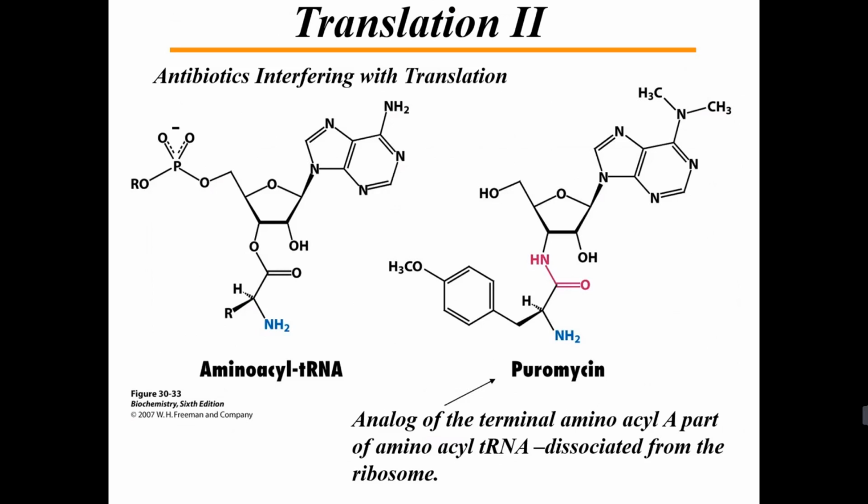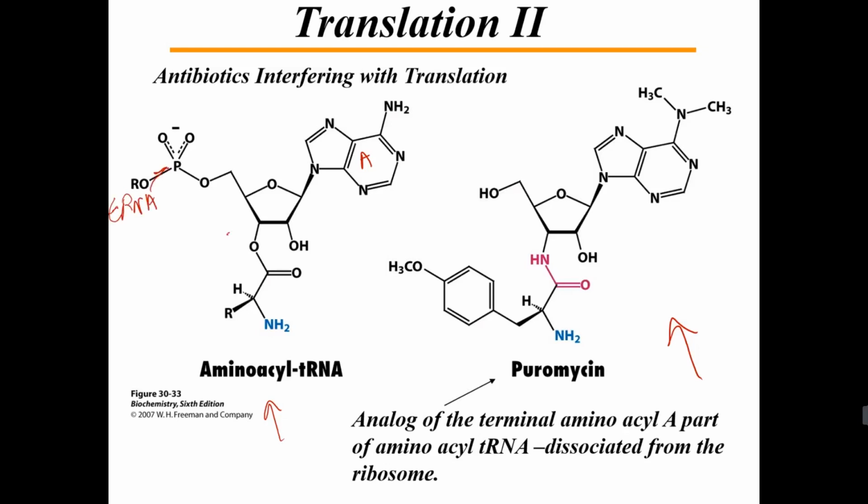All right, so we have the structure of puromycin that's depicted over here on the right, and we're doing a side-by-side comparison with the structure of the aminoacyl tRNA. So if we think of this as the terminal A at the 3' end, so this is our tRNA. It's attached here.